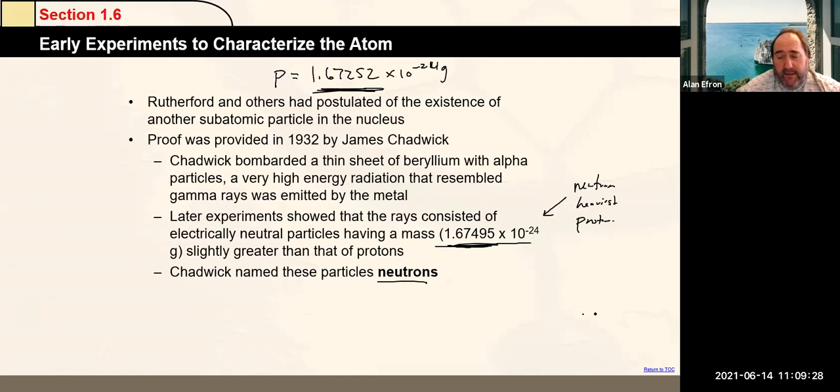And then way down the road there is our electron, which is 9.09 times 10 to the minus 28 grams in terms of its mass. So the neutron is about 1,800 times heavier than an electron, and the proton is also 1,800 times heavier than an electron.